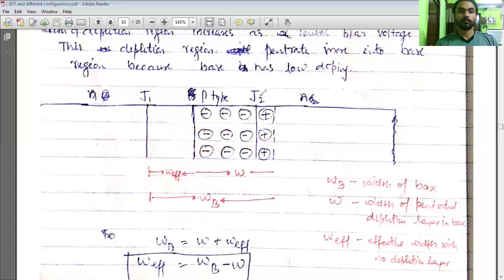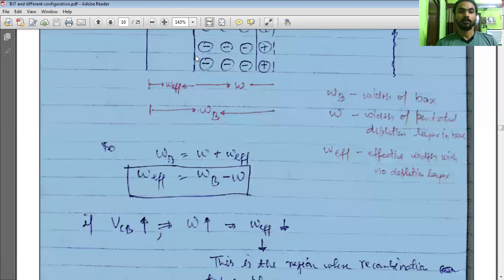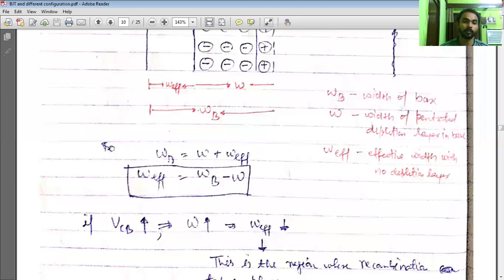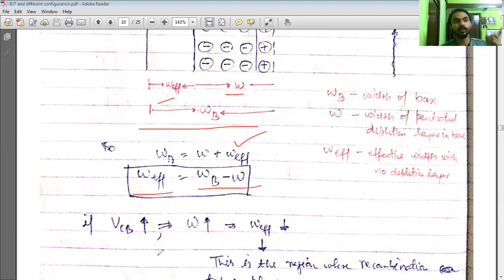So we'll do some mathematics here to understand that. You got it? Okay. The total base width WB will be equal to W effective plus W, so W effective will be WB minus W. Now if we increase the reverse bias voltage, the depletion width will increase, and that is the penetration in the base region.